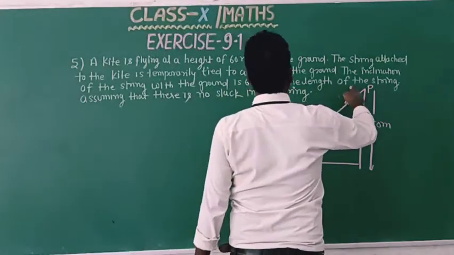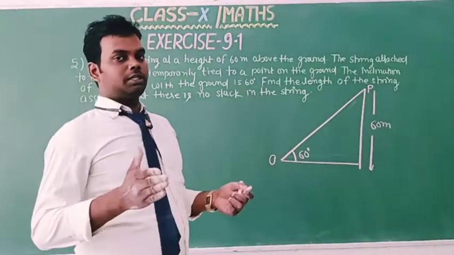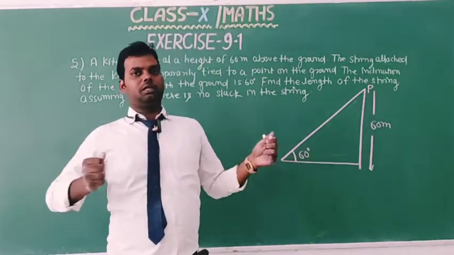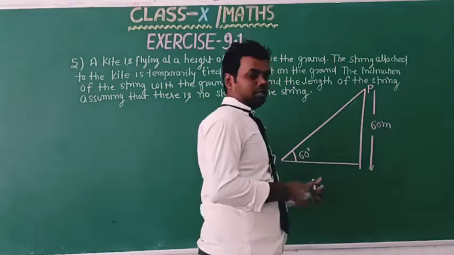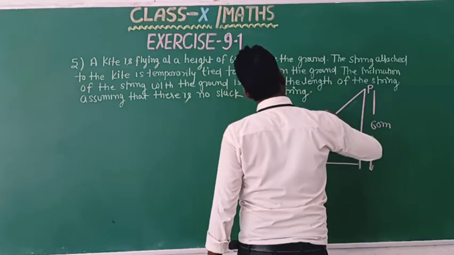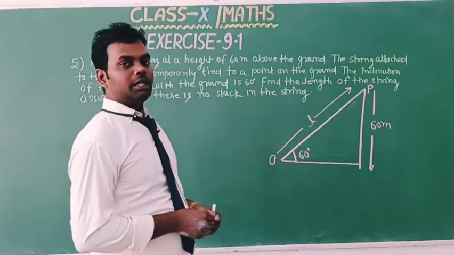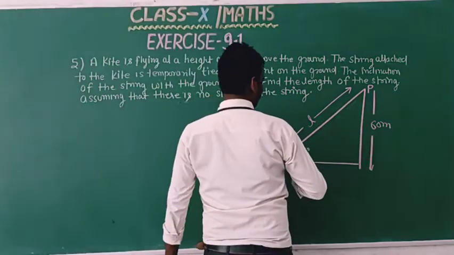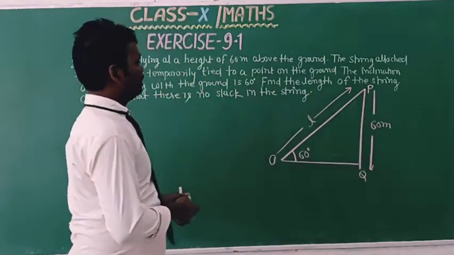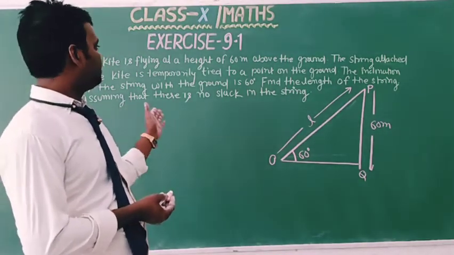Then find the length of the string, assuming there is no slack in the string. Means the string is tightly stretched from the kite to the point on the ground. So we need to find the length of the string. This is point O, P, and this is Q. So children, this is the figure of this question.